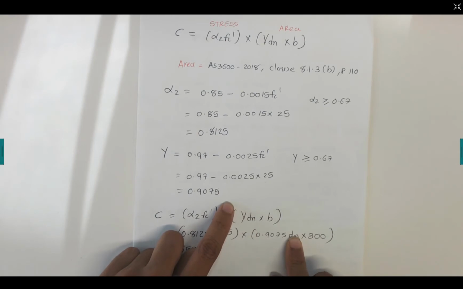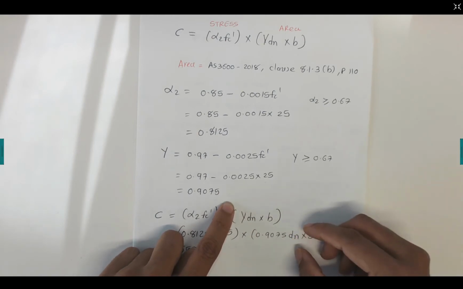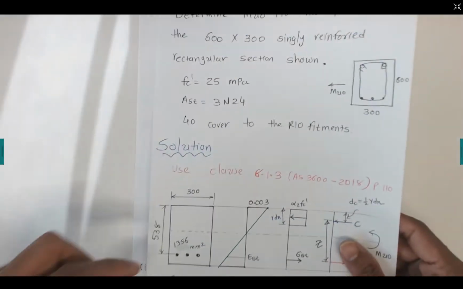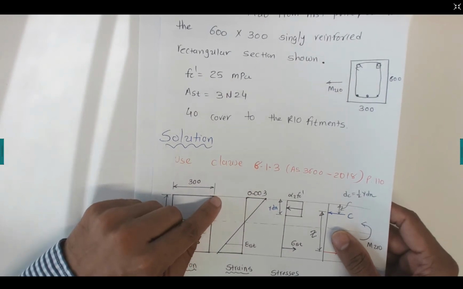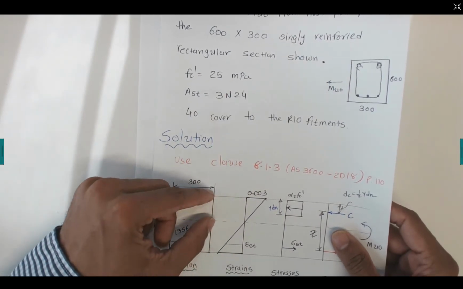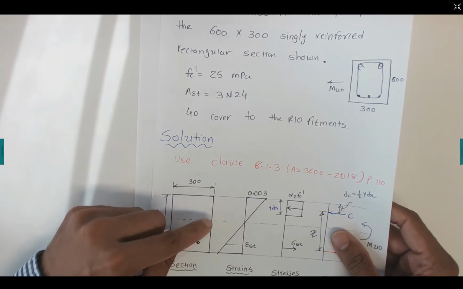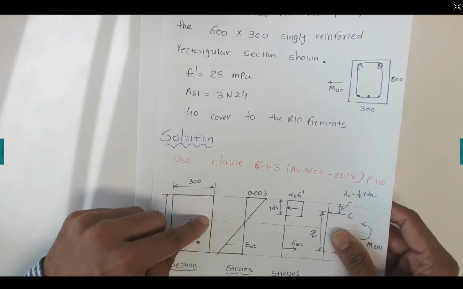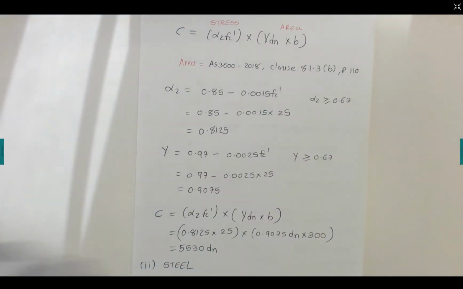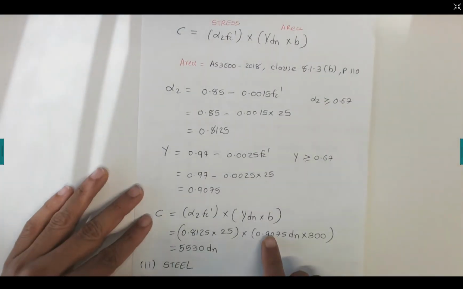We don't know dn. dn is nothing but the depth of the neutral axis, from the top of the concrete to the middle, where the zones are differentiated between concrete in compression and tension. There is a neutral axis, and that distance dn we need to calculate.